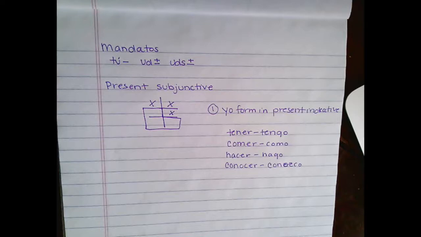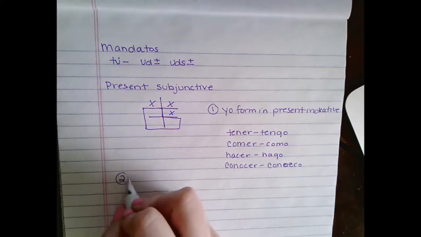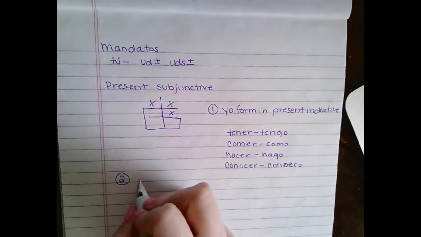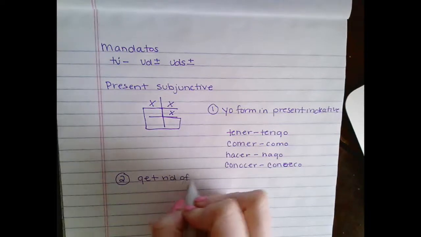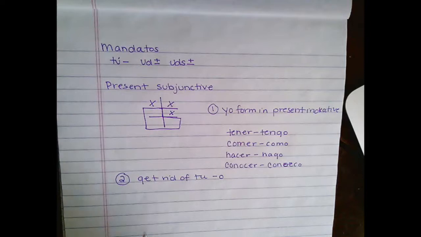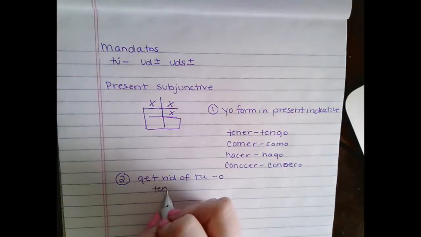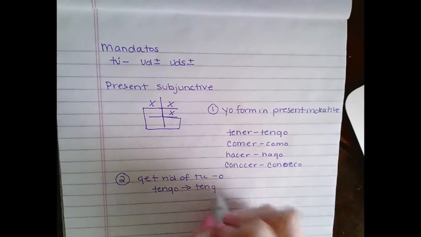So the first thing we do is we have the yo form in the present indicative. The second step that we take is we get rid of the o. So tengo would give us the stem of teng.